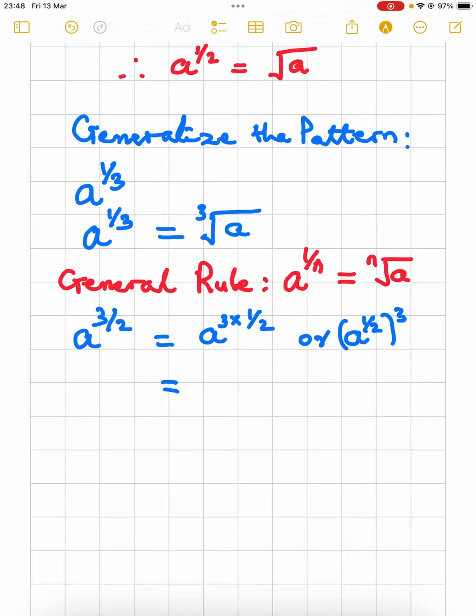This will mean a raised to power 3, the square root of it, or the square root of a raised to power 3.